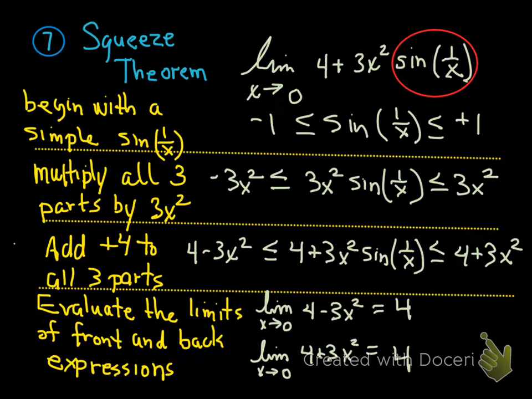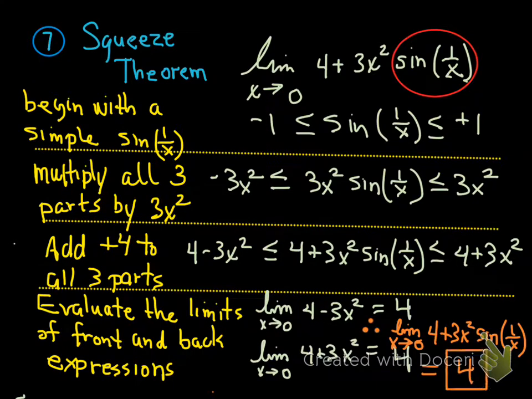So the punchline here is that the limit of the expression on the left is 4, and the limit of the expression on the right is 4. The guy sandwiched in between them, the limit as x goes to 0 of 4 plus 3x squared sine of 1 over x, has got to equal 4.